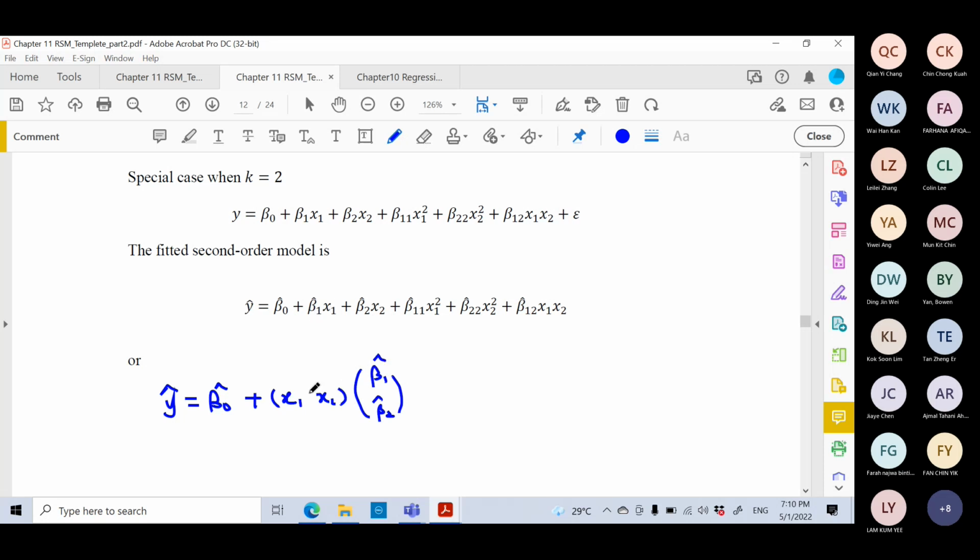Actually, if you multiply this part by this, you get the second one. I write these two in this form because later on I want to generalize it into a certain format.